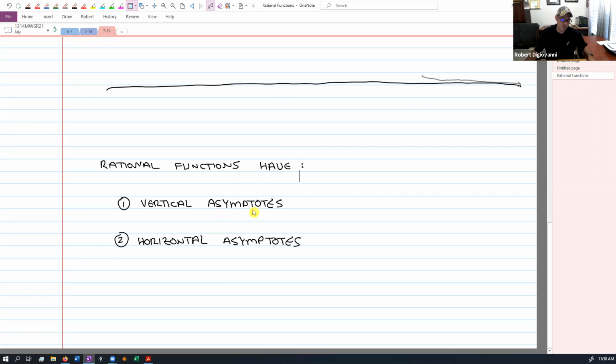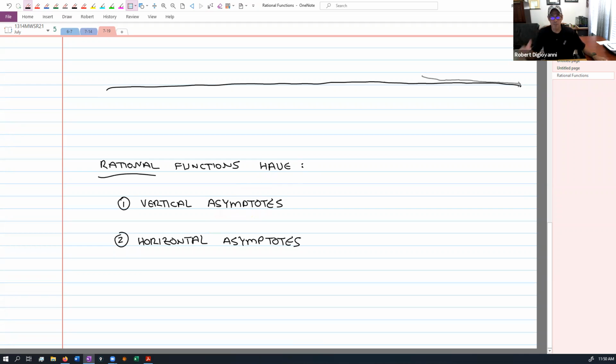This word asymptotes is a weird word because the M is silent and the P is silent. Well, the M's there, but the P is silent. So asymptotes. It's hard to pronounce, asymptotes. But these are two of the main characteristics of rational functions that lines, quadratics, and polynomials don't have.